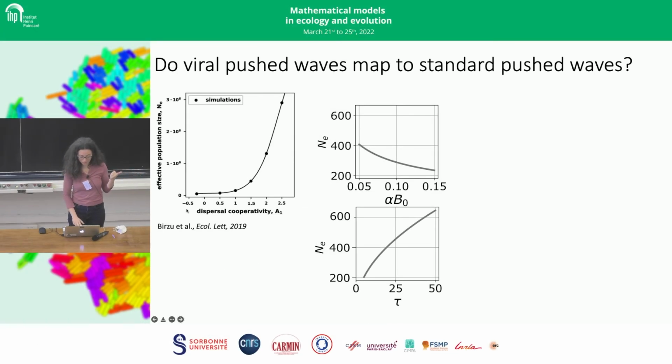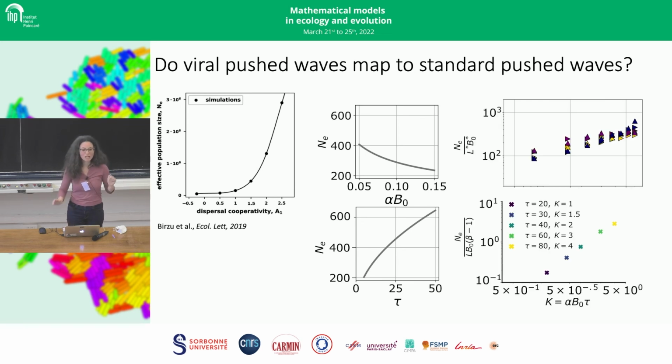Normally in pushed waves, you expect that increasing cooperativity makes the effective population size go up. Here we find that if we increase absorption rate, the effective population size goes down. Instead, if you increase the lysis time, the effective population size goes up. And again, in principle they should both go from pull to push.